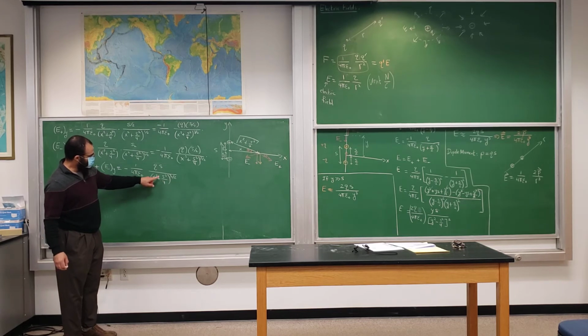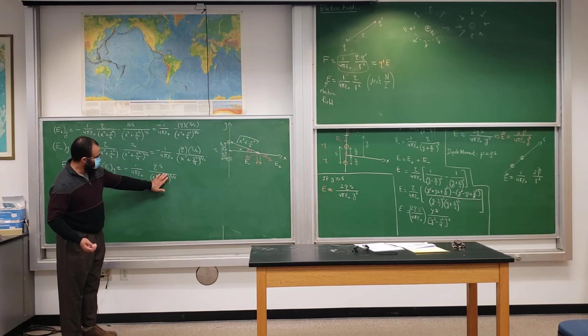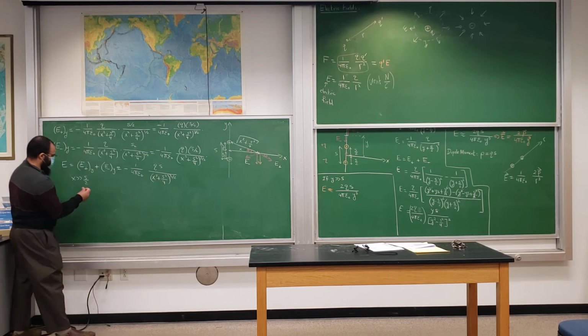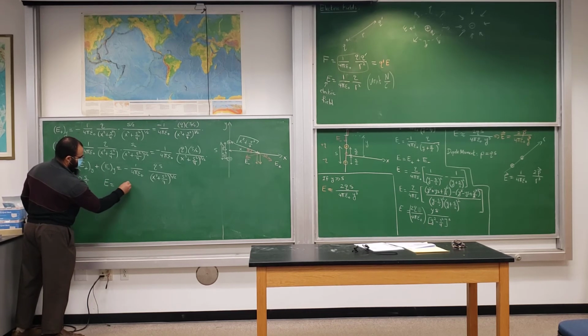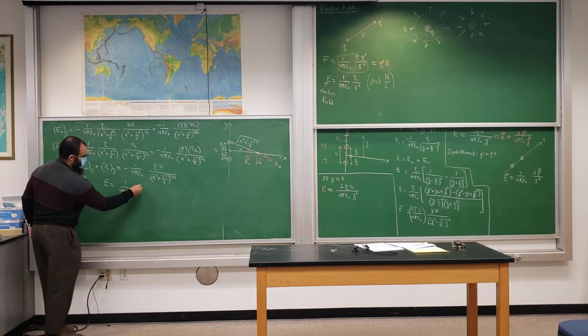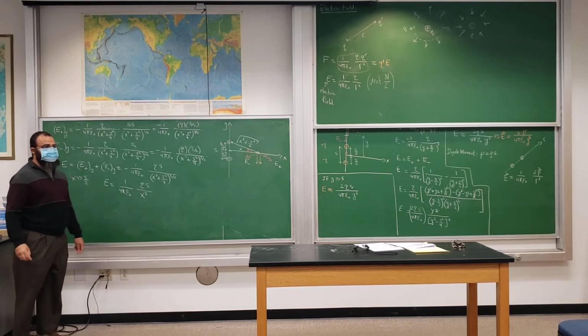If I ignore the s squared over 4, I just get x cubed, since x squared to the power 3/2 is x cubed. So the electric field is equal to 1 over 4 pi epsilon naught, times q s over x cubed. Okay.